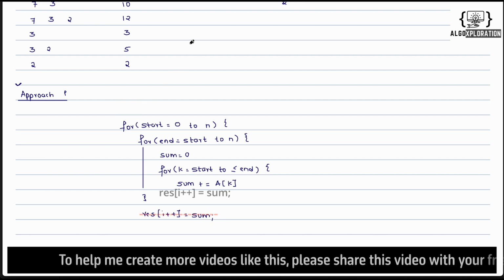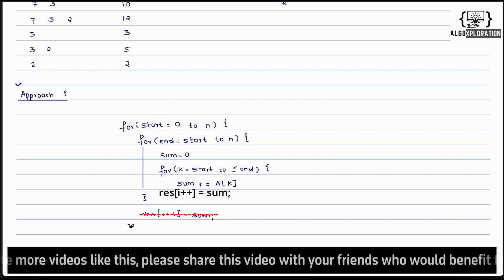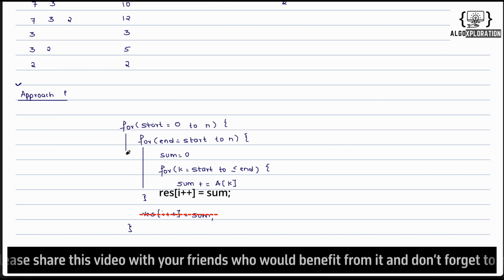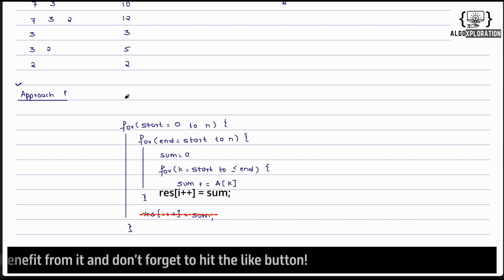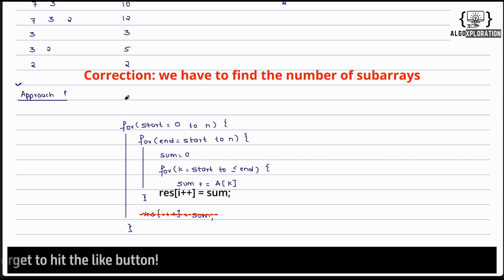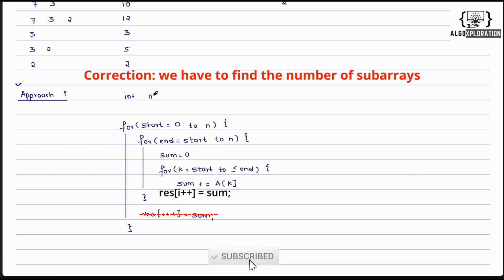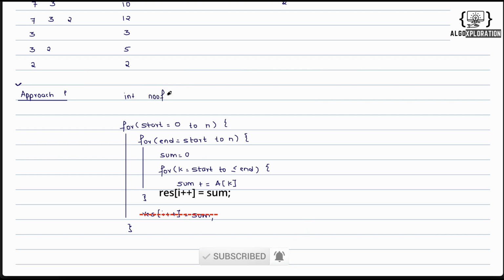Now let's create the resultant array. So first of all, we have to compute the number of subarrays. So integer number of subarrays will be n into n plus 1 whole divided by 2, right?